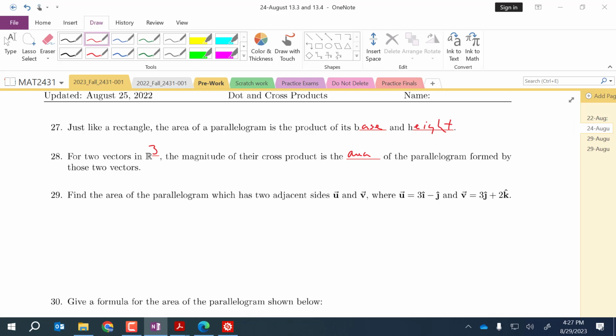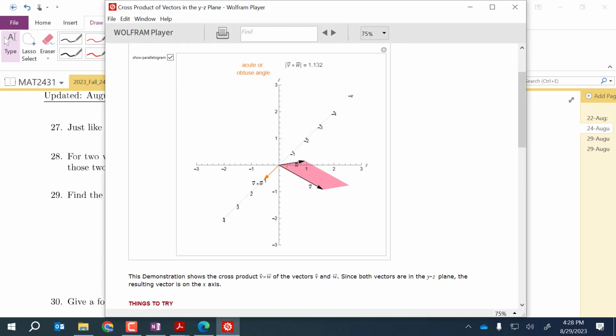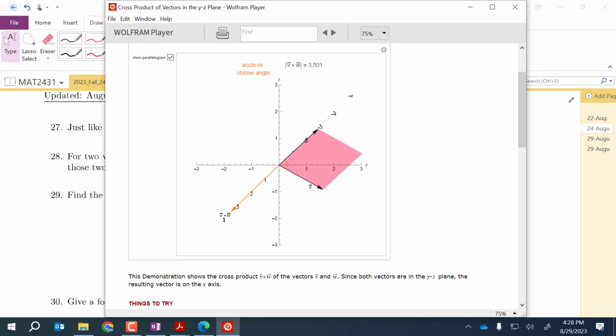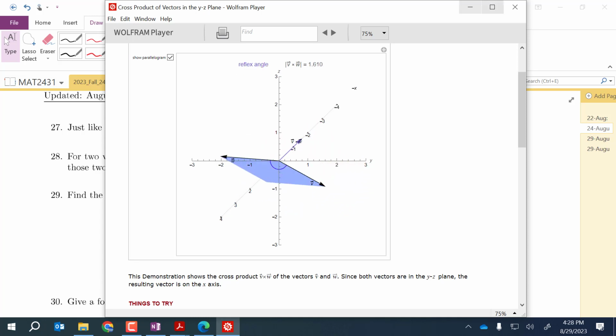Folks, I just said that really fast. That's back to this demonstration that we were looking at before. So the magnitude of the cross product is just the area. I'm talking about the length of this cross product vector here. It's just the area of this parallelogram.